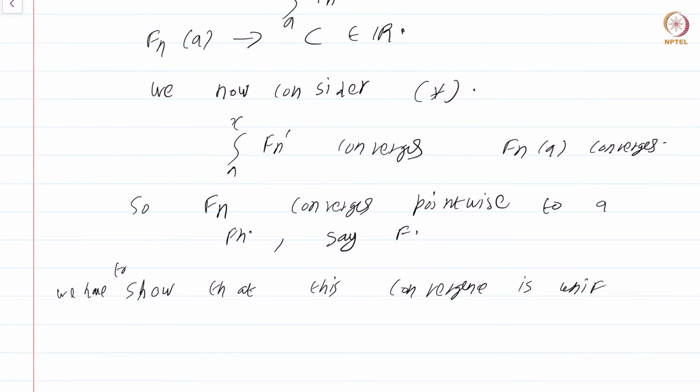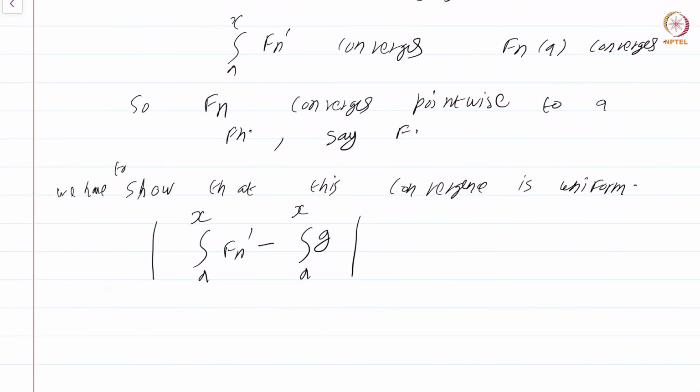Well, to do that, what we do is we consider the integral from a to x of f_n prime minus the integral from a to x of g. Recall, g was the function that the sequence of derivatives converge to.